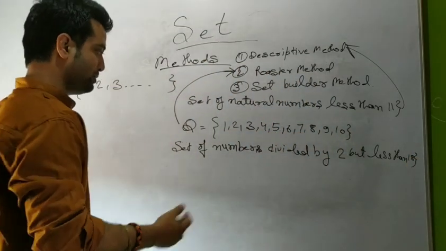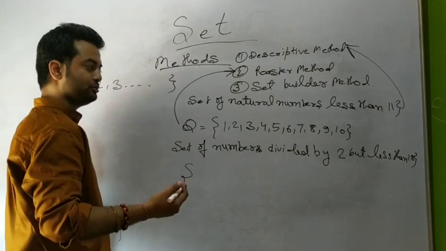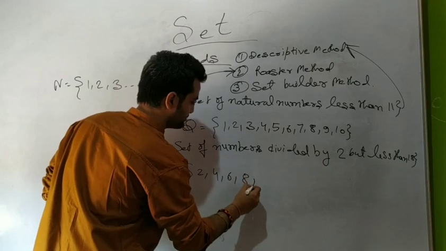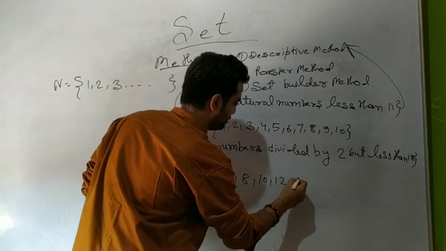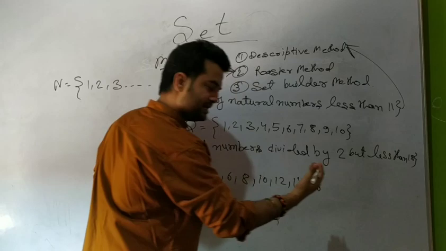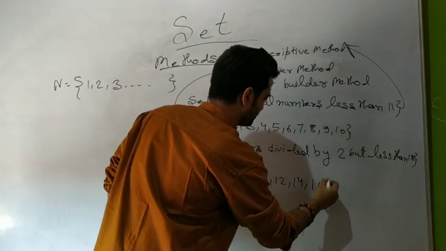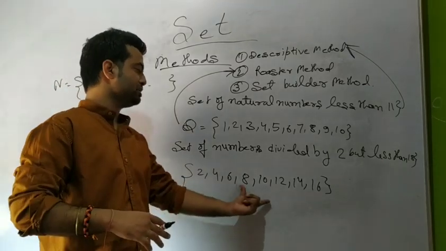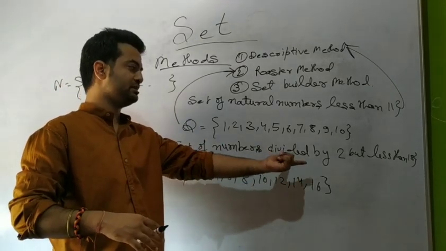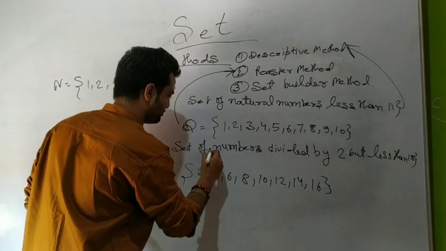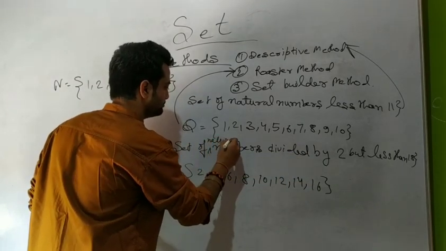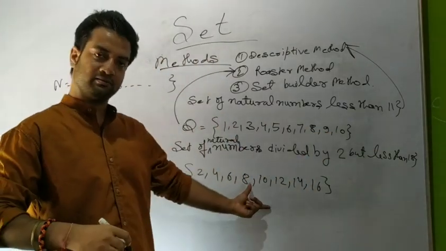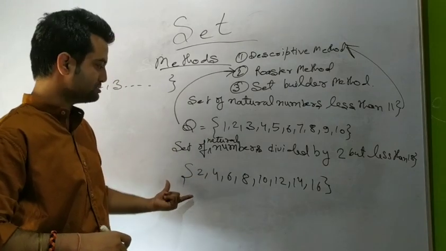When we talk about this set of natural numbers which are divisible by 2, 2 is itself divisible by 2, so 2, 4, 6, 8, 10, 12, 14, 16. Less than 18, so we will not take 18. If it were less than or equal to 18, then we would have included 18. So this is the set of natural numbers divisible by 2 but less than 18. This was the descriptive method. This was the roster method.